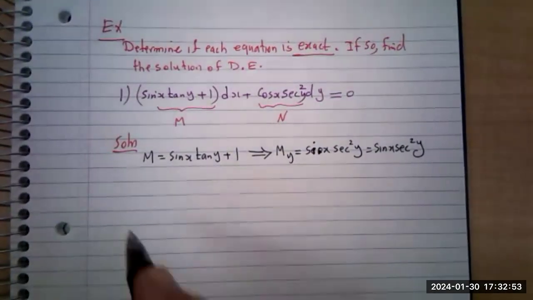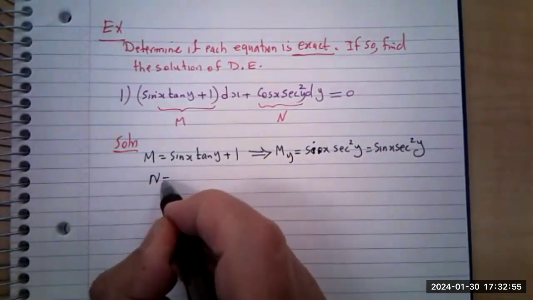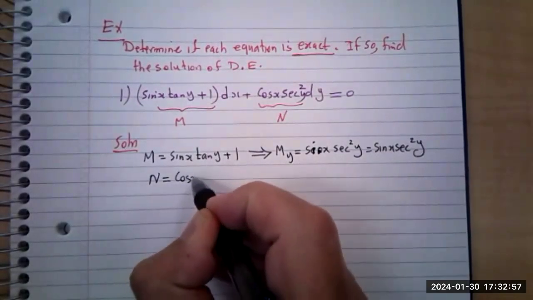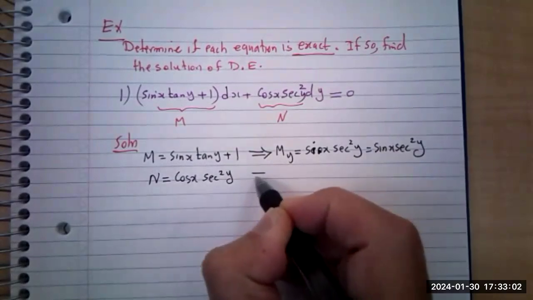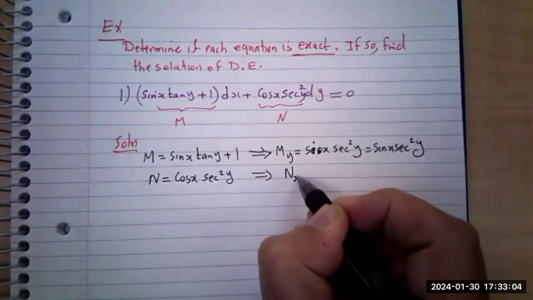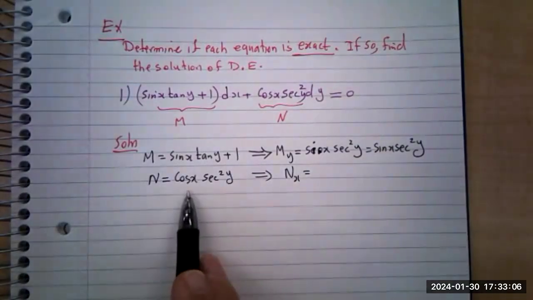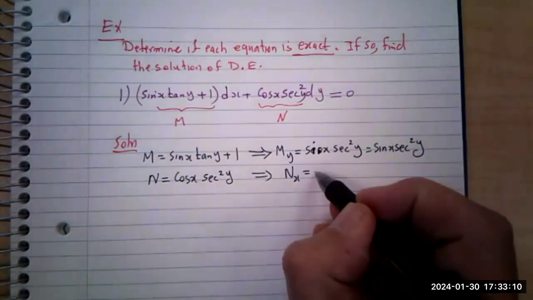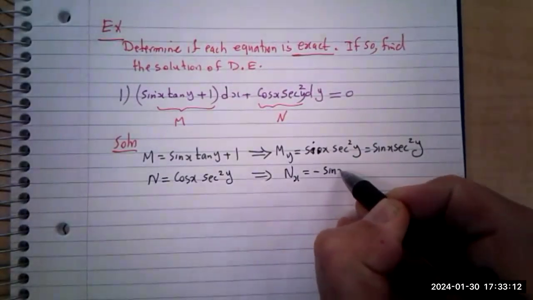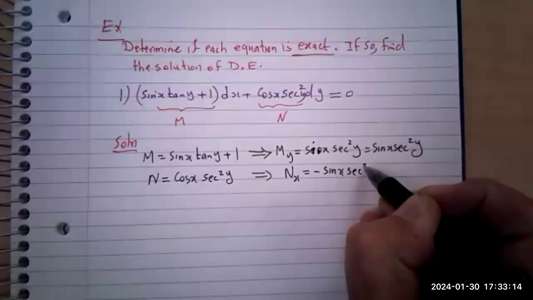In the case of N, you differentiate with respect to x. N equals cosine of x secant squared of y. Y is a constant. You differentiate cosine, it's a negative sign, and the coefficient stays as is. So it's negative sine x secant squared of y.